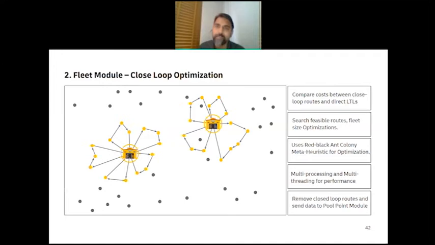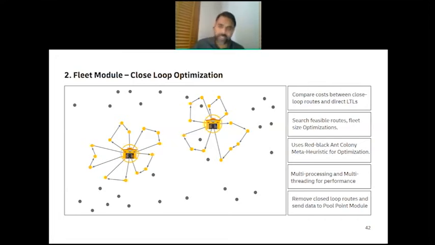In this case, we are trying to figure out a solution for routing based on how ants find food, right? What we did is we took the basic logic of how ants find food and created a new version of our own, which we call the red and black ant, and that was what we used to create these routes, right? And as I had mentioned before, we are using multi-processing and multi-threading in both the freight module and fleet module, and that's helping us make this process faster, right?